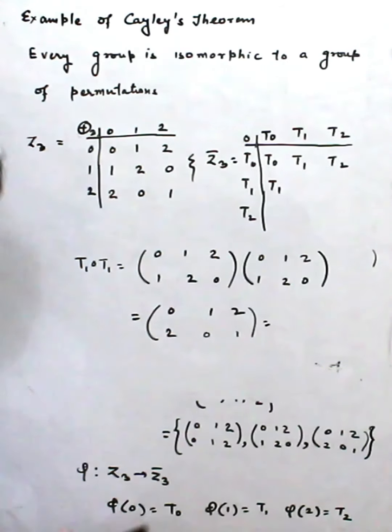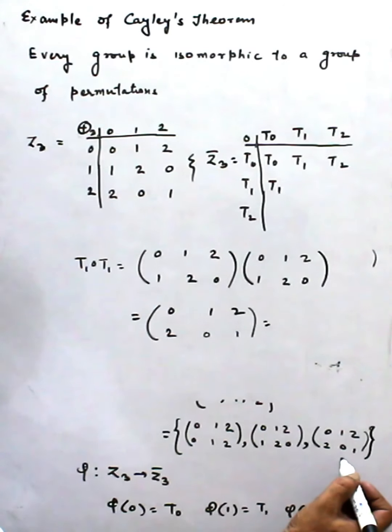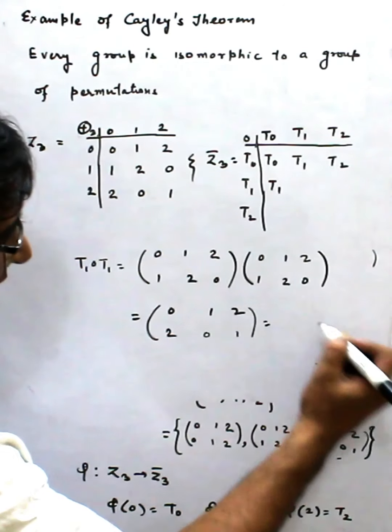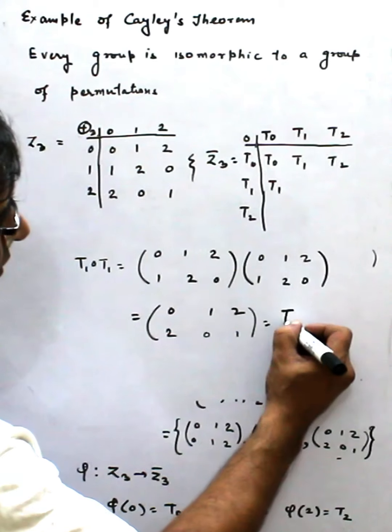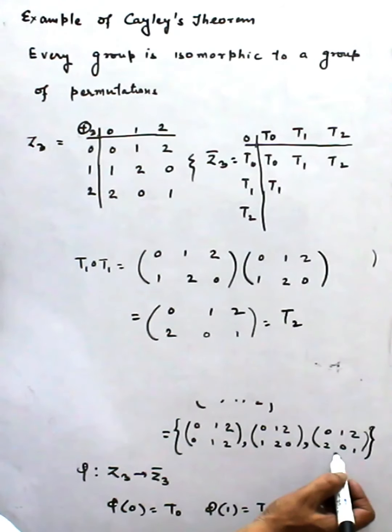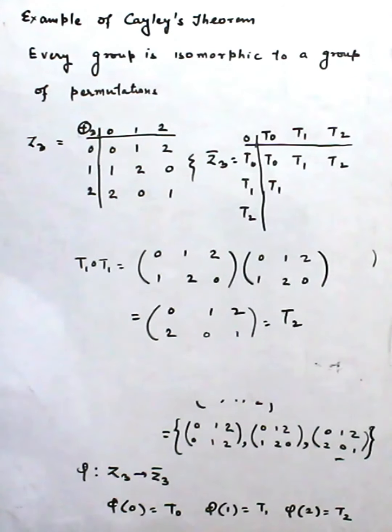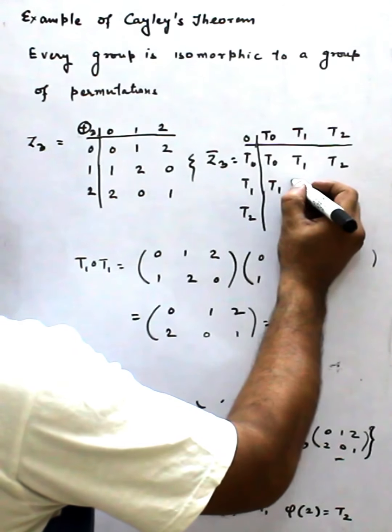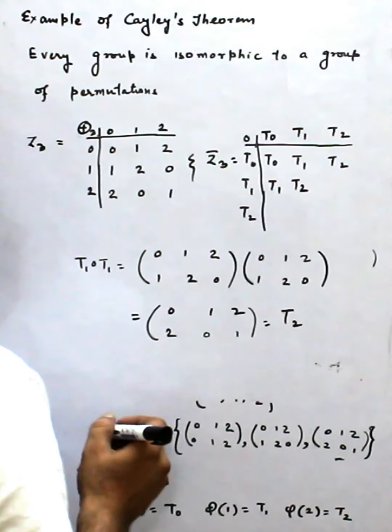Now what is this element? This element is the last element, T2, right? That means I get here T2.